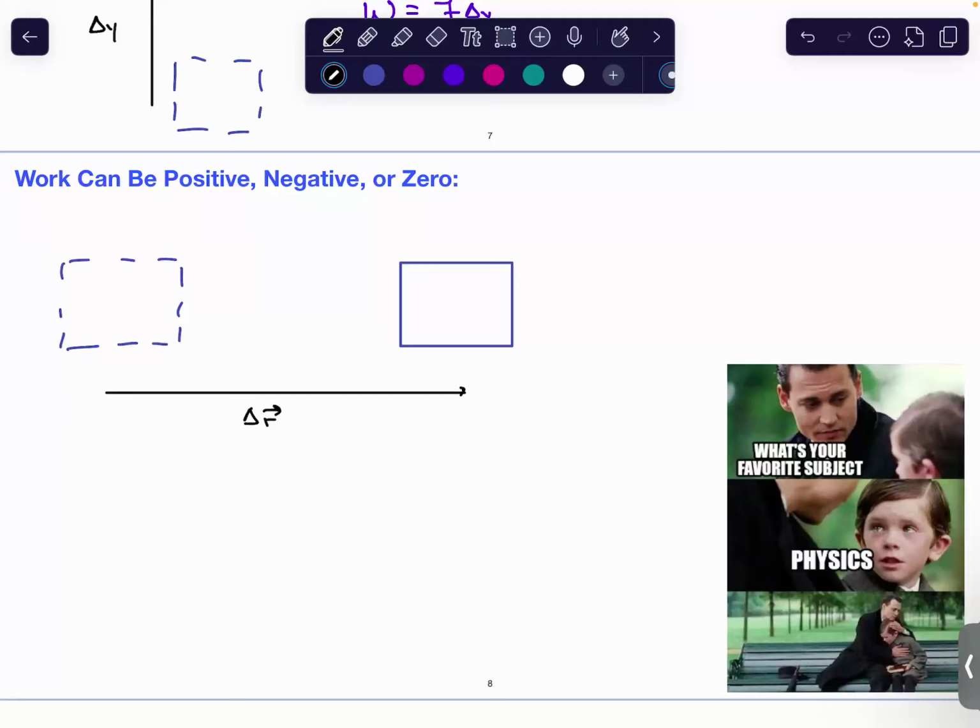Now, let's say, for example, there's a force being applied. Look at those two velocities. You see your displacement. You see what's happening to the velocities. Do you think this would be a positive, negative, or 0 work done?